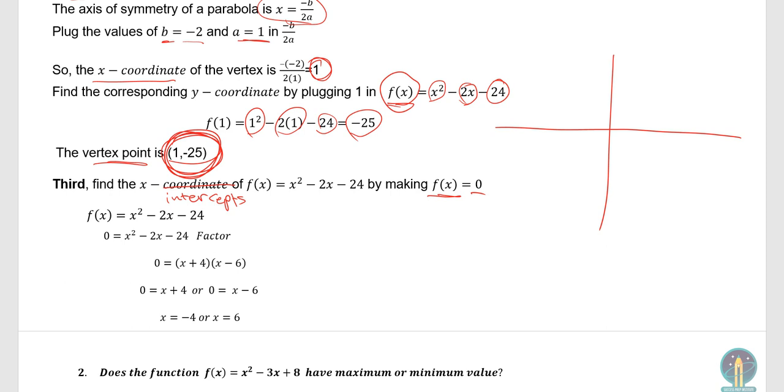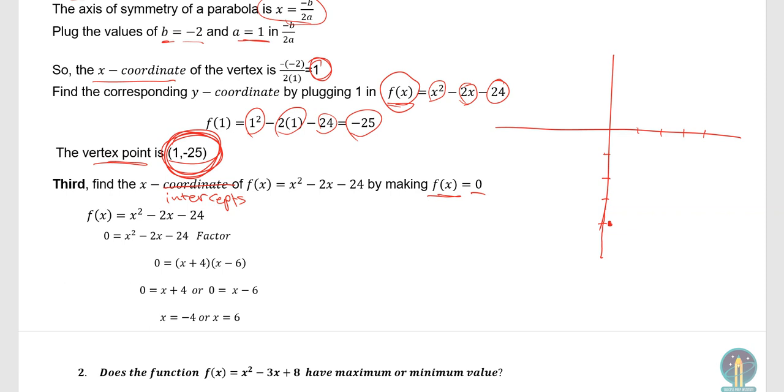We have, let's do 5, 10, 20, 25, minus 5, minus 10, minus 20, minus 25. Okay? So our vertex is at 1 and minus 25. So our vertex is somewhere here. And we know it opens up, right?